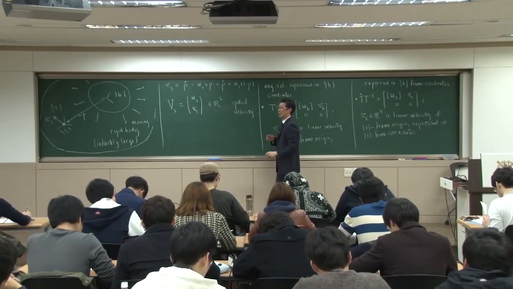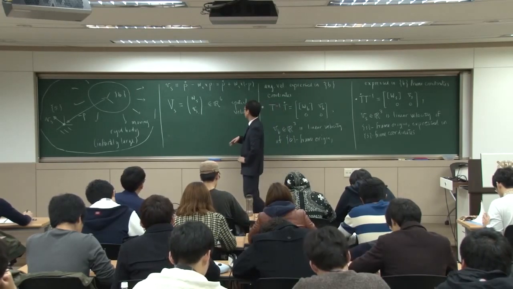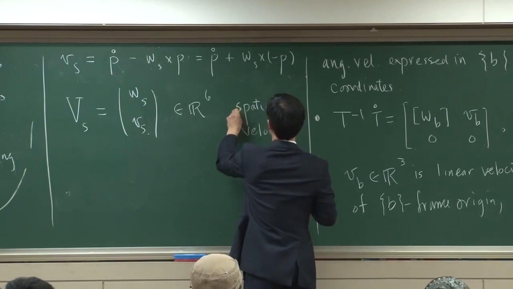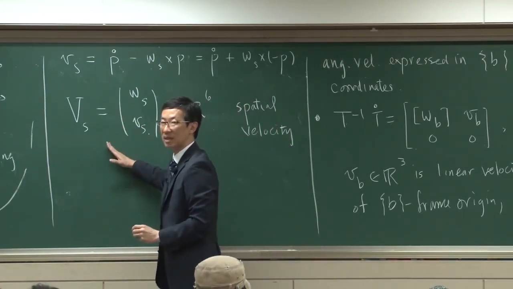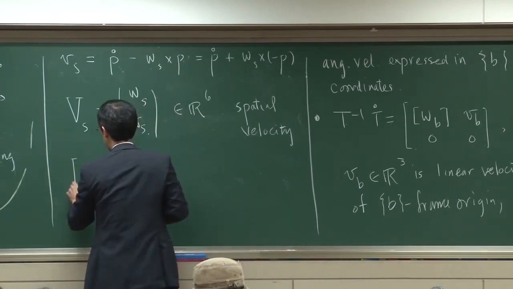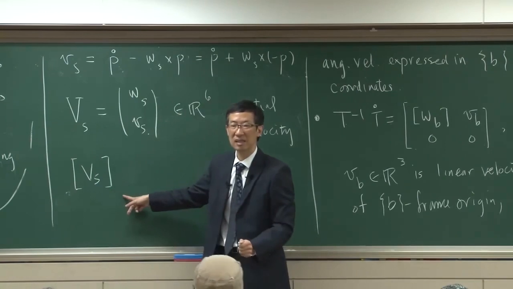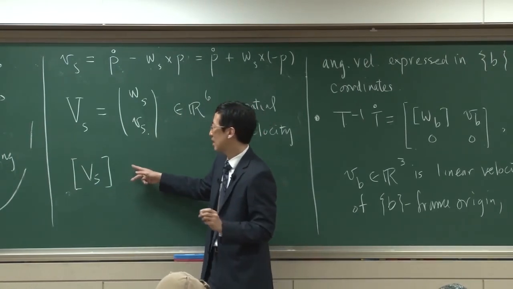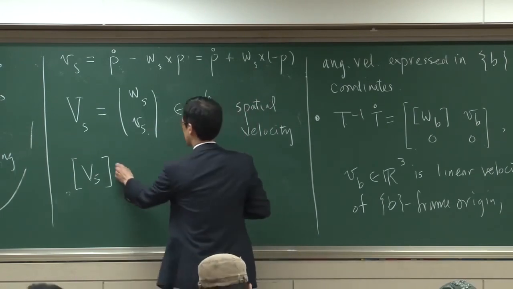We'll talk about the notation a little more, but just want to throw it out there for you now. So V sub s is defined this way. Now, if you see me write V sub s inside square brackets, that means this is a 4x4 matrix version of this.